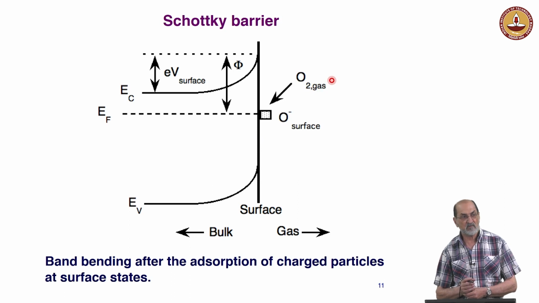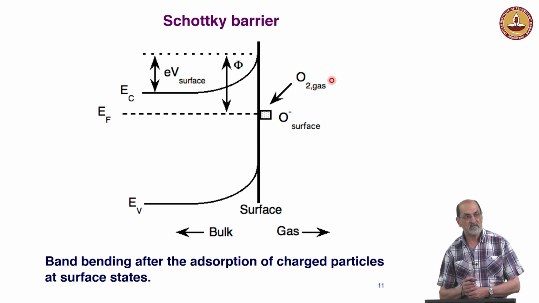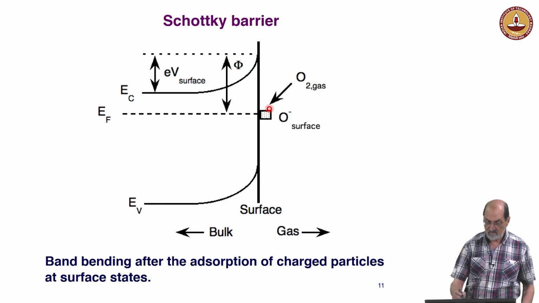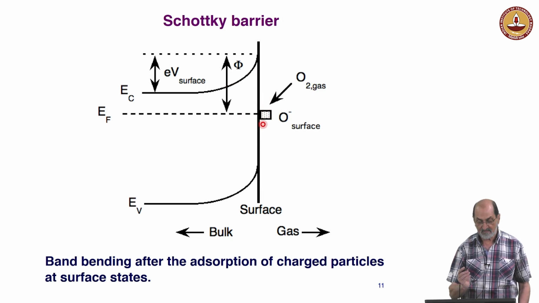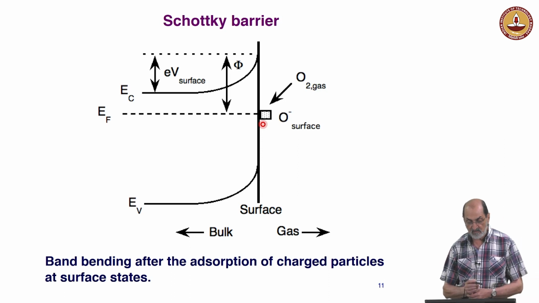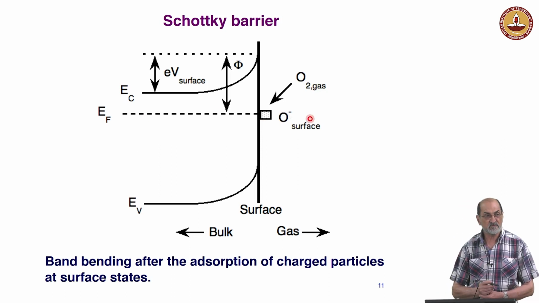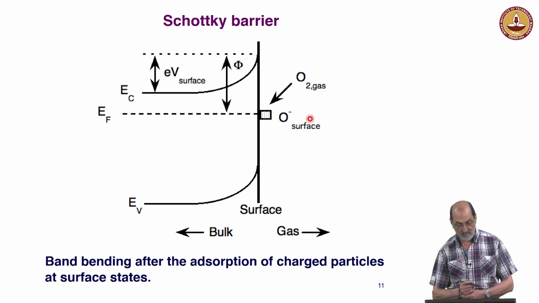That takes place at about 300 degrees C, which is a temperature regularly used for tin oxide sensors. So if this is taking place, electrons from here drop to this level. The potential of the surface goes up, and things eventually reach equilibrium when the Fermi level is common to the bulk and the surface.